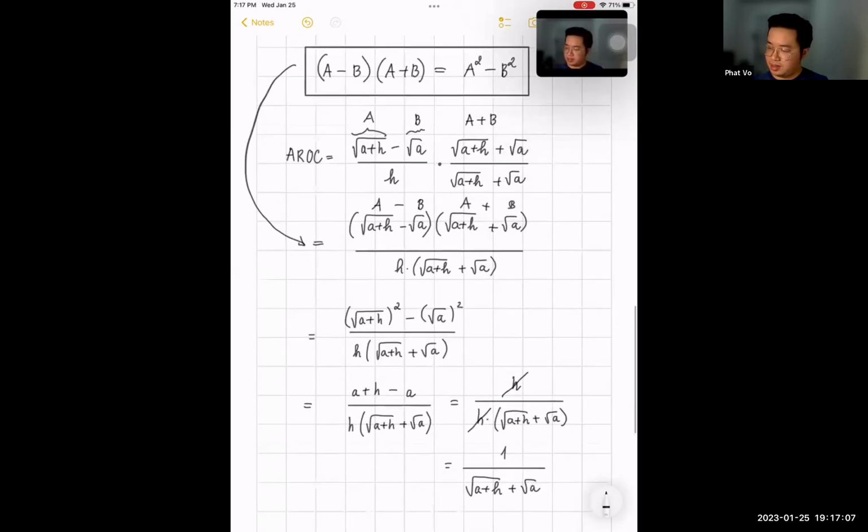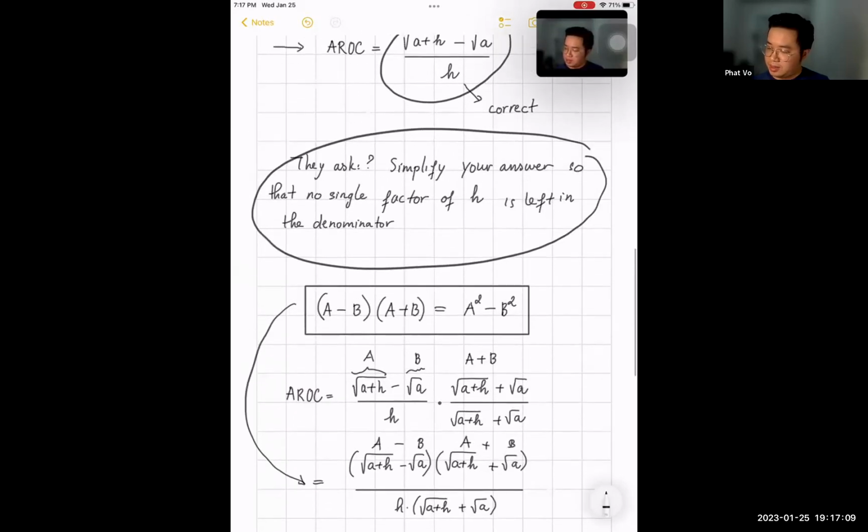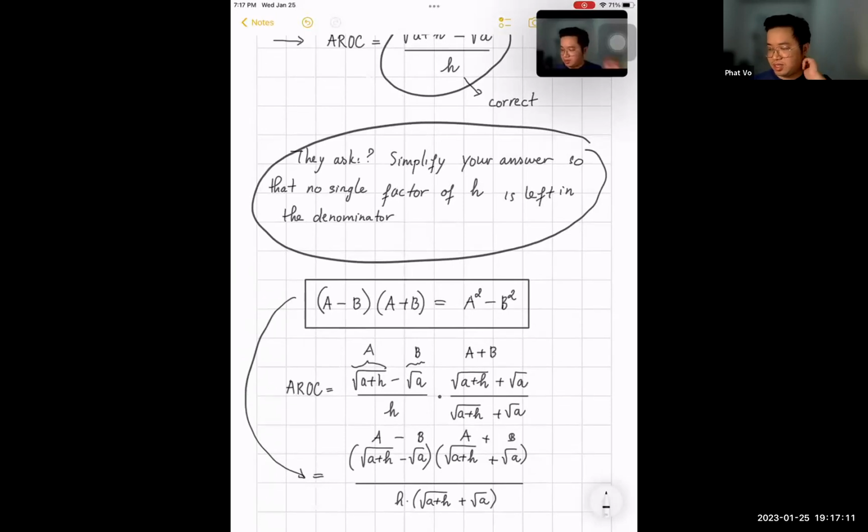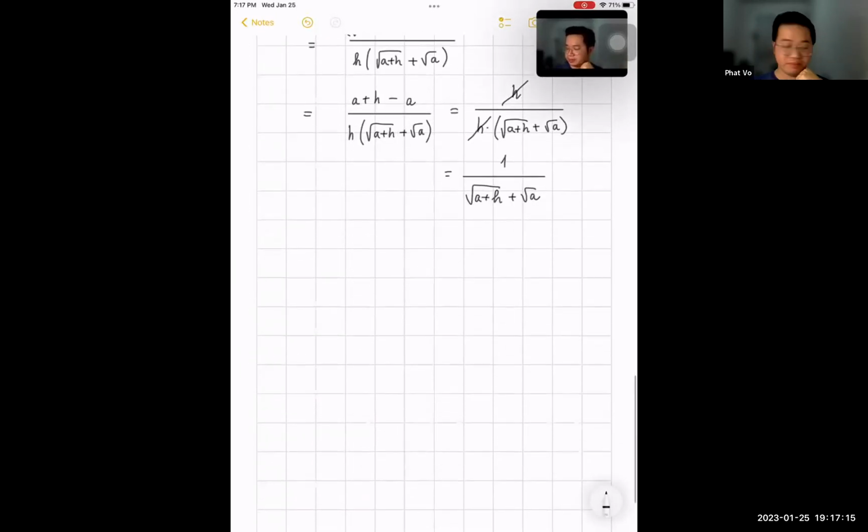It's not difficult, it's just a technique. You just practice more and you can do it. Okay. So now I think the average rate of change is done, I will go next to the transformation of functions. This is very crucial for you to grasp the functions.